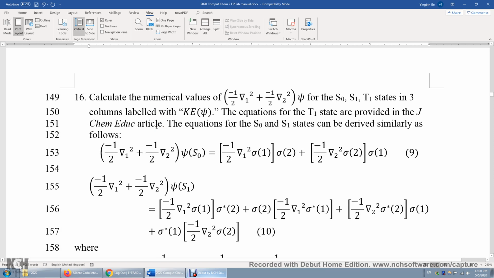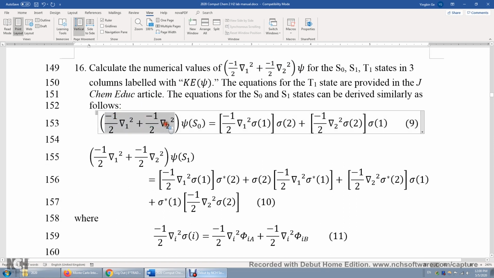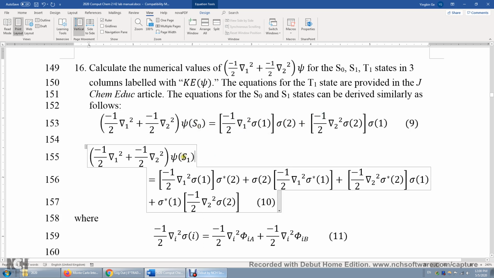Kinetic energies are more complicated because we need to apply those operators to psi. So here I'm showing you some derivations. What if we apply the kinetic energy operator of the two electrons to the wave function of the S0 ground state? You get this. And then what if we apply this to the first singlet excited state?